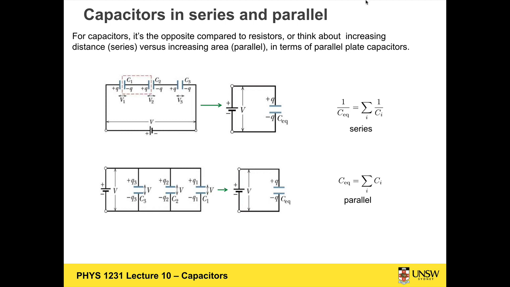In series, the 1 over the equivalent capacitance of some capacitors in series is the sum over 1 over the individual capacitances, and for parallel capacitances we just add the capacitances. Of course, this is opposite to what you find for adding resistances, or for that matter inductors, but you should remember this as well.